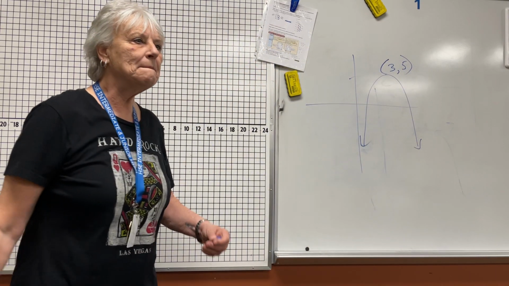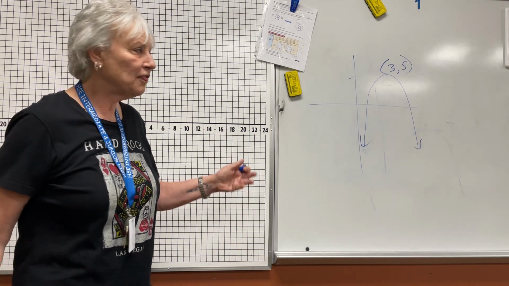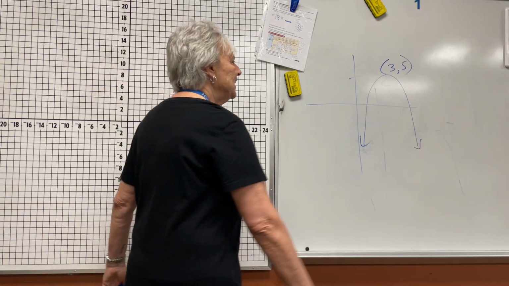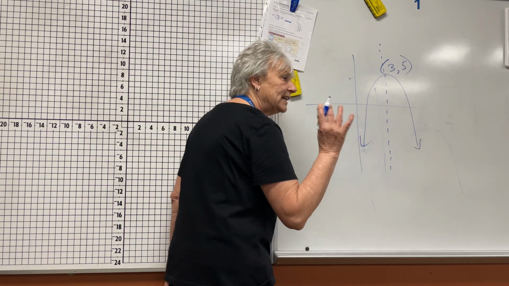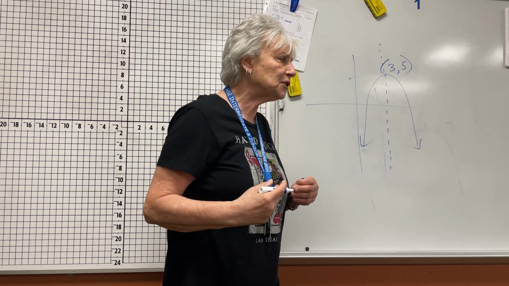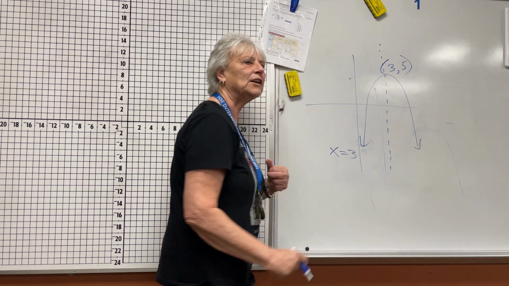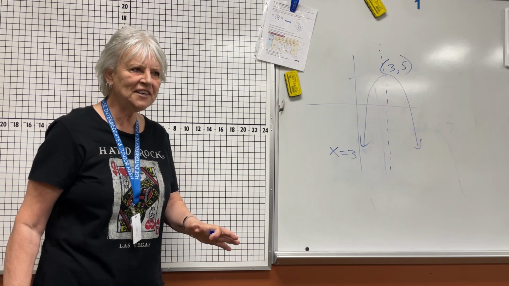Okay? The maximum value is 5. The vertex is 3, 5. The axis of symmetry is 3. Now, when you write the axis of symmetry, you always put x equals 3. Okay? With me? Nothing hard yet?